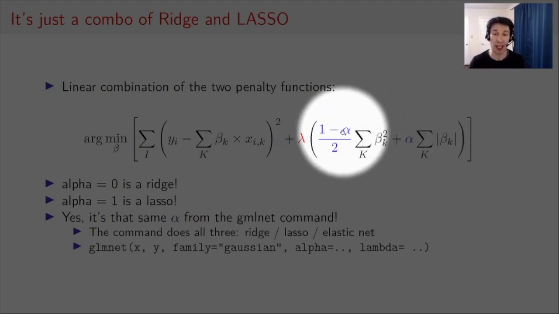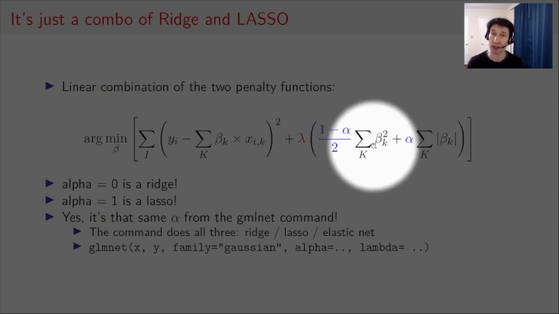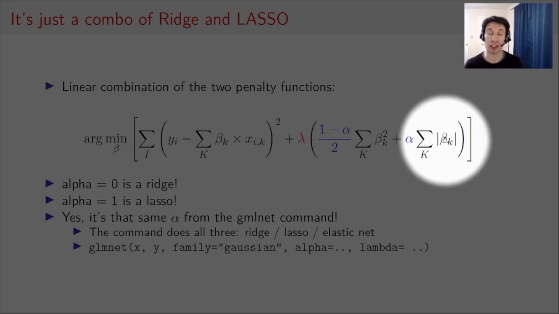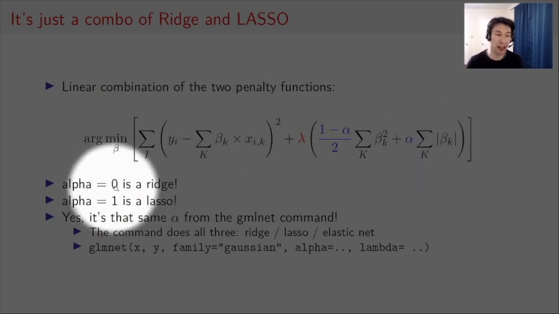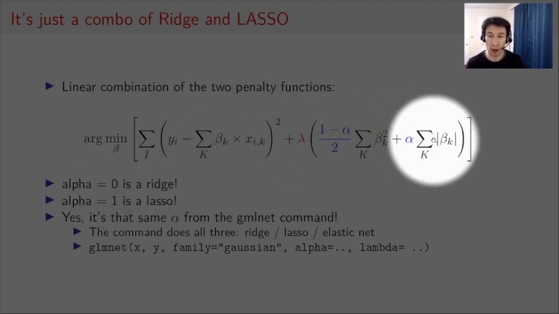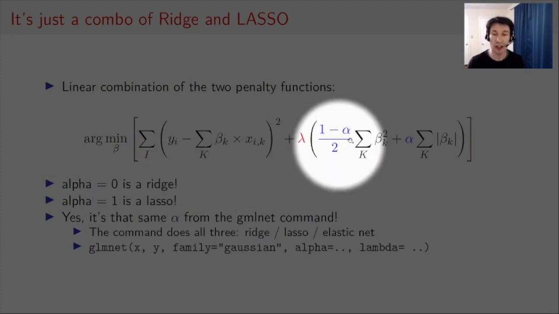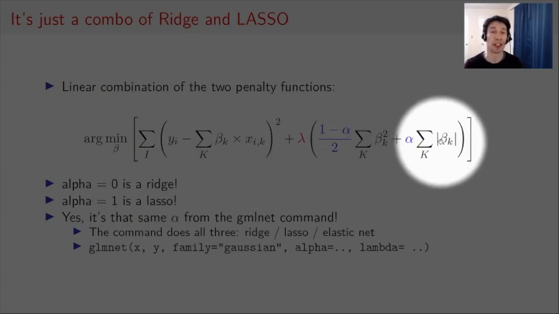So it's (1 minus alpha) over 2 times the penalty from ridge plus alpha times the penalty from lasso. And so you notice right away, if alpha is equal to 0, this drops out and you just have a ridge. And if alpha is equal to 1, then this drops out and you just have a lasso.